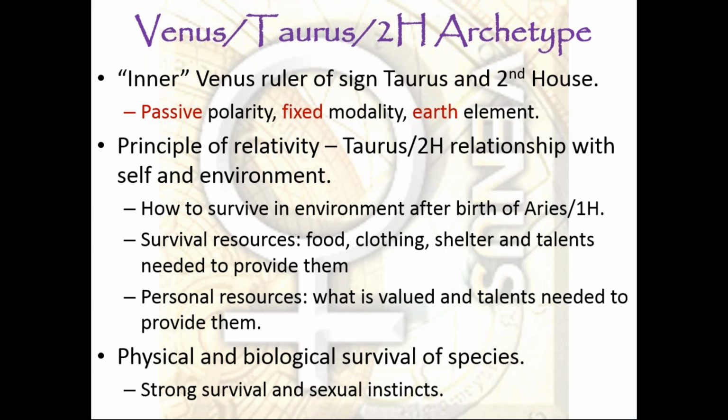And on the Taurus side, although survival is going to require the biological act with another, loosely Taurus second house is known as self-sex, whereas the polarity Scorpio in 8th is known as sexual merging with another.